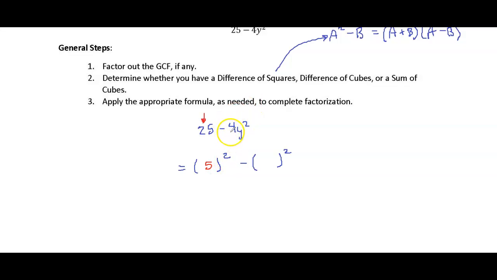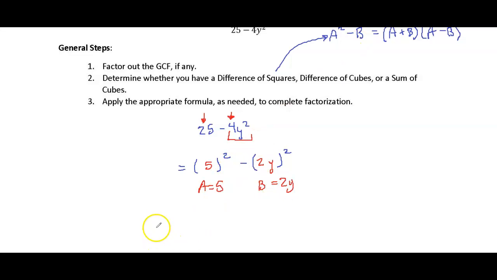And we want to look at this whole expression here, 4y squared, including that coefficient. Can 4 be rewritten as something to the second power? And yes, it can. 2 to the second power. Now y squared, well, that is just y to the second power. Now we can see here that a is going to be 5 and b is 2y.